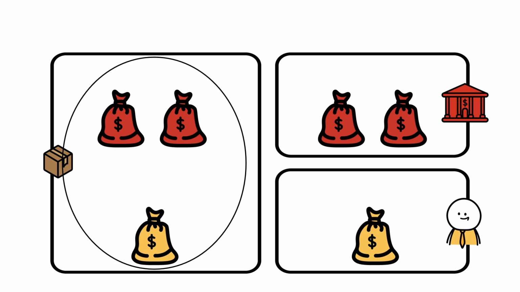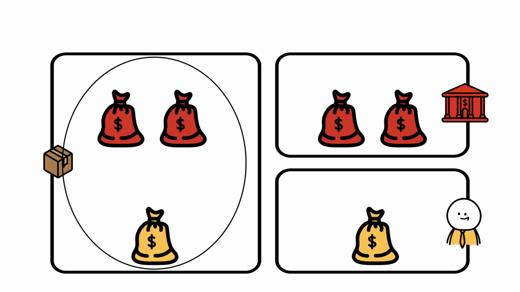So now the business has 3 bags of money. 1 bag is borrowed from the owner in yellow, and 2 bags are borrowed from the bank in red. Now the business doesn't really know or care which bag of money came from the bank and which came from the owner. So if we mix the colours yellow and red together, we get orange.